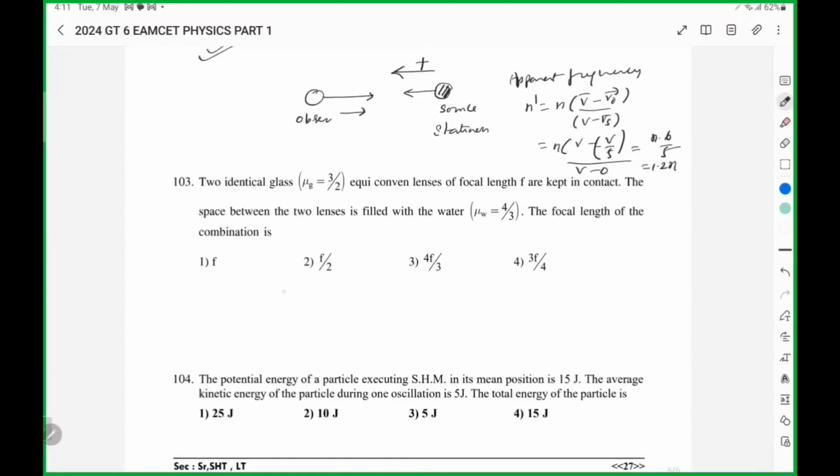Two identical glass equiconvex lenses kept in contact, in between filled with water.